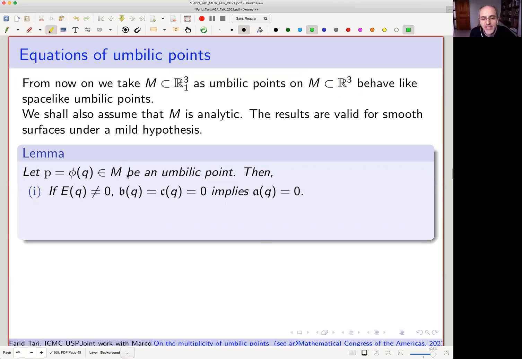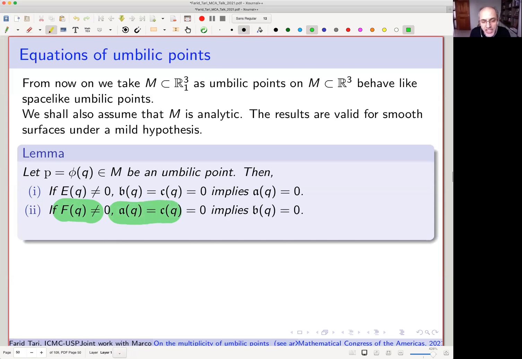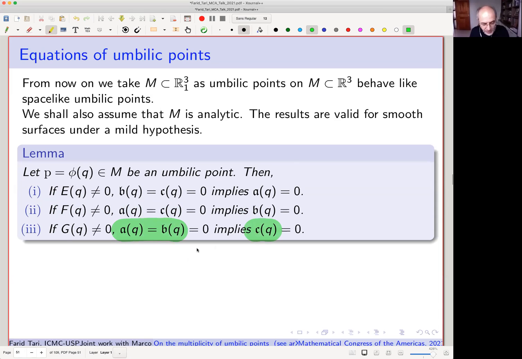If I have a surface with an umbilic point, if the coefficient E of the first fundamental form is non-zero, then, remember umbilic points are where the coefficients A, B, C of the equation of the lines of principal curvature are 0, if E is different from 0, then the vanishing of B and C implies the vanishing of A. Similarly, if F is different from 0, then the vanishing of A and C implies the vanishing of B. If G is different from 0, then the vanishing of A and B implies the vanishing of C.